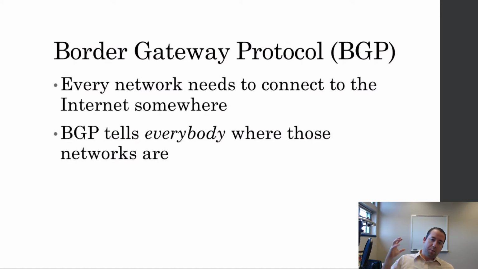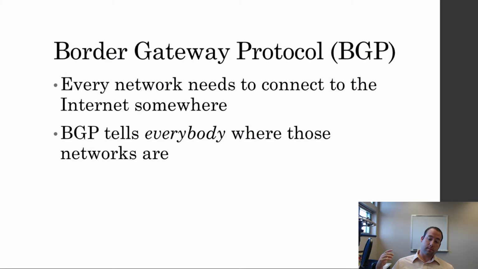And the border gateway protocol is what's used at the internet level. So open shortest path first, or RIP, or IS-IS, those are great for use inside of a smaller network, or a smaller internetwork or an intranet.